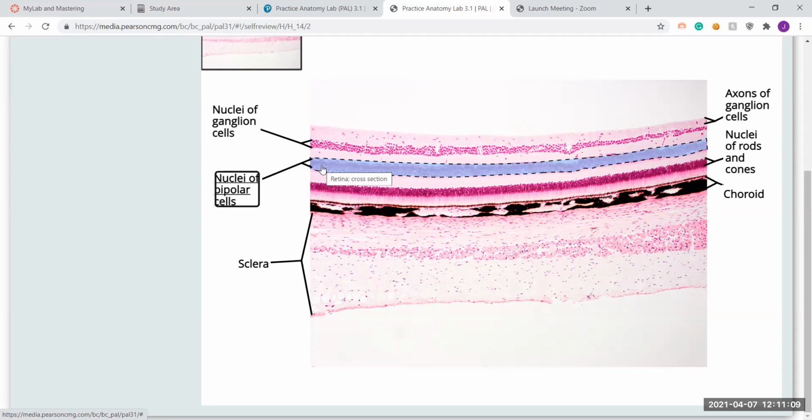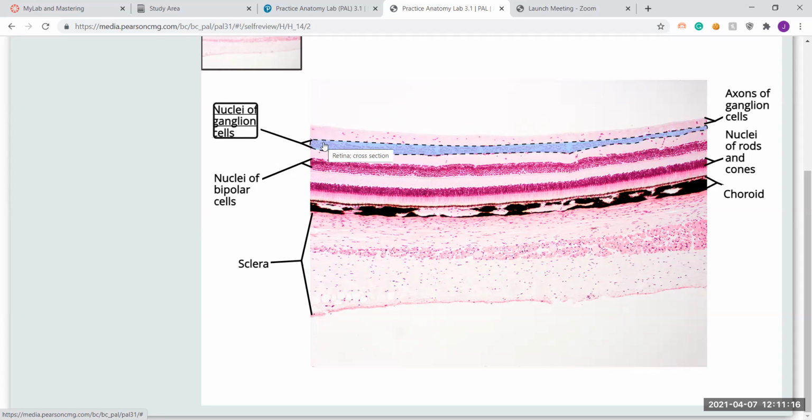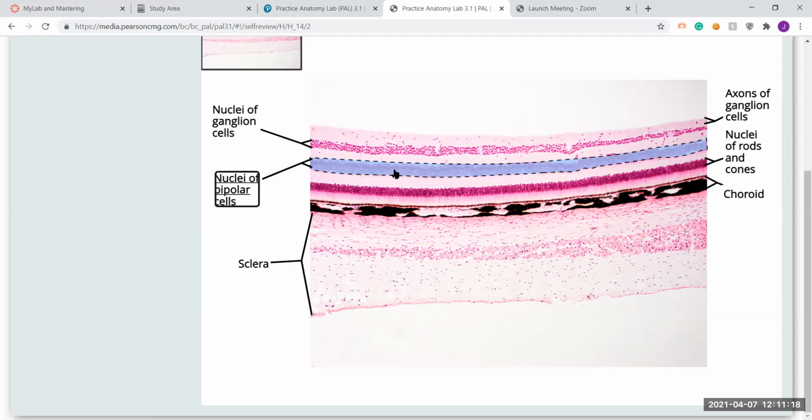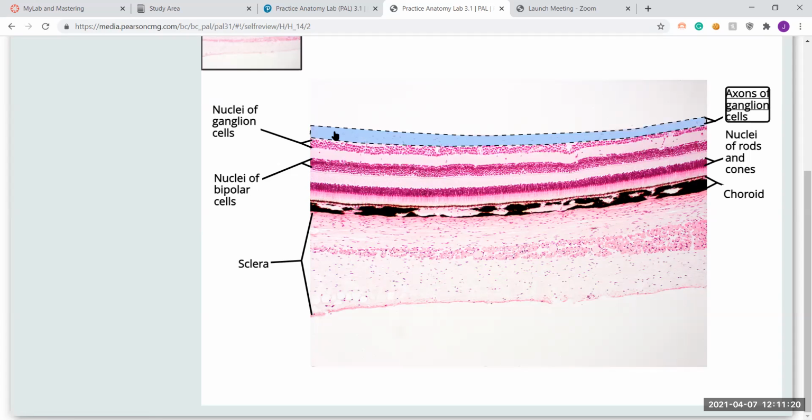Then you have bipolar neuron cell nuclei. Then you have nuclei of ganglion cells, and you see some white area, those are their axons. These are the axons of ganglion cells, which converge, make a bundle, and become the optic nerve.